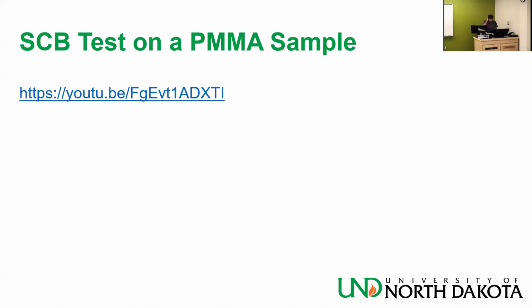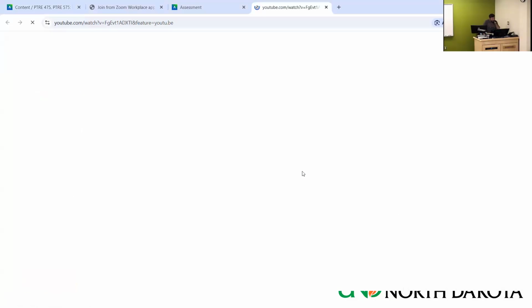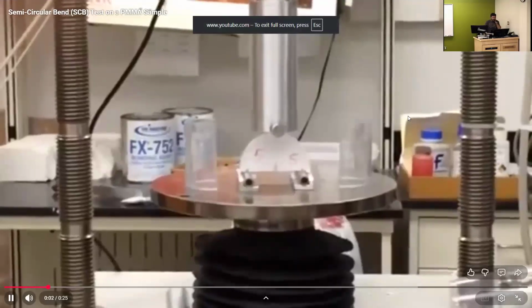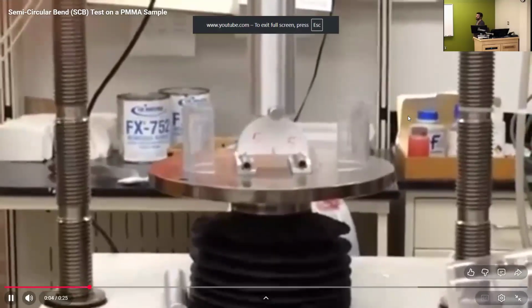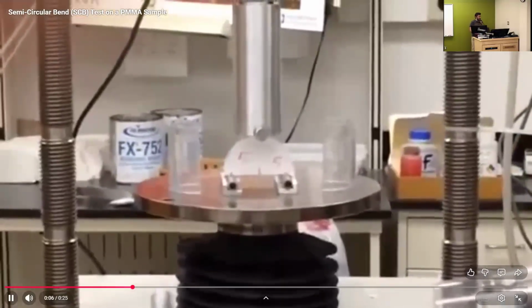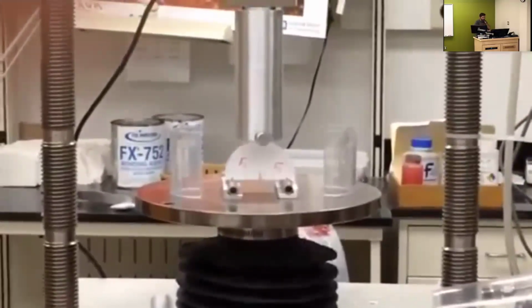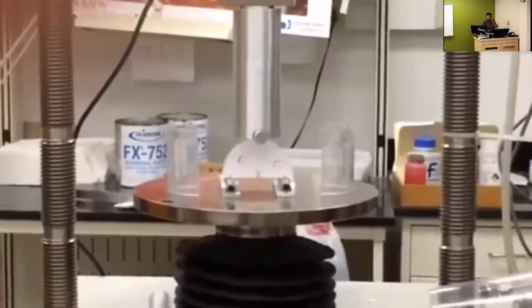And here I have an example of a test, a PMMA test. Notice, sorry for the bad quality, but look at the plate moving up, and you cannot see it. Eventually the sample will break very abruptly.